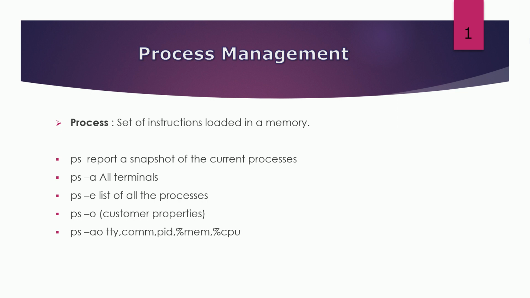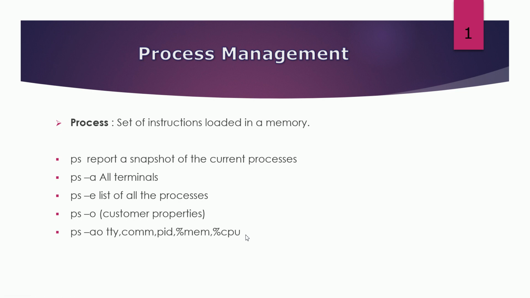ps -e lists out all the processes which are running on your system. And ps -o denotes custom properties. What does it mean? Suppose you want to create your own command, so you have to use the custom property, the -o option. You can see what I have used here: tty for the terminal, command, PID, percentage memory, and percentage CPU.